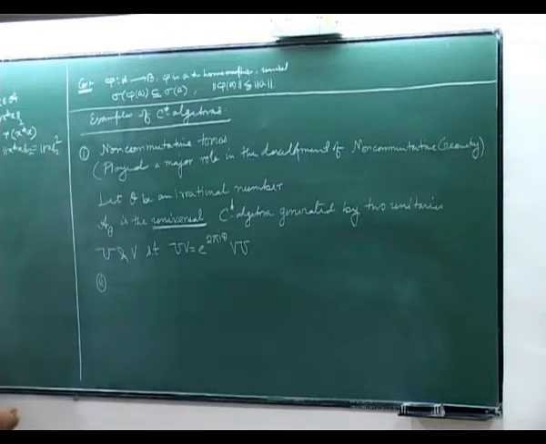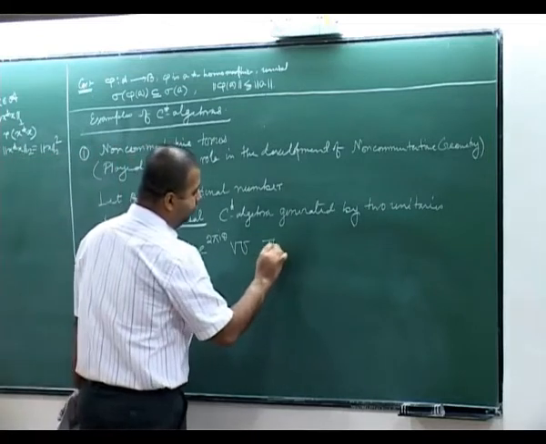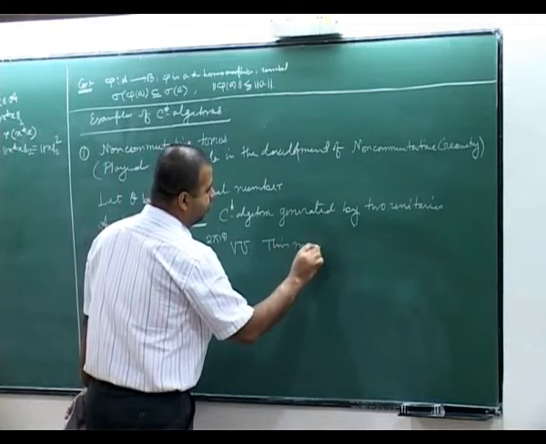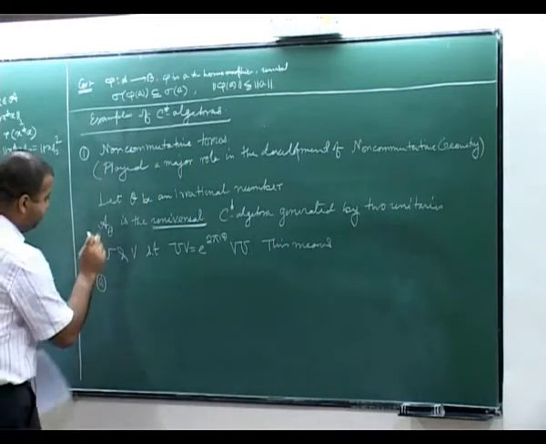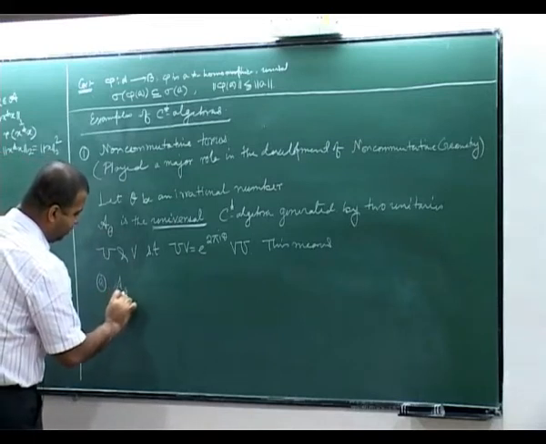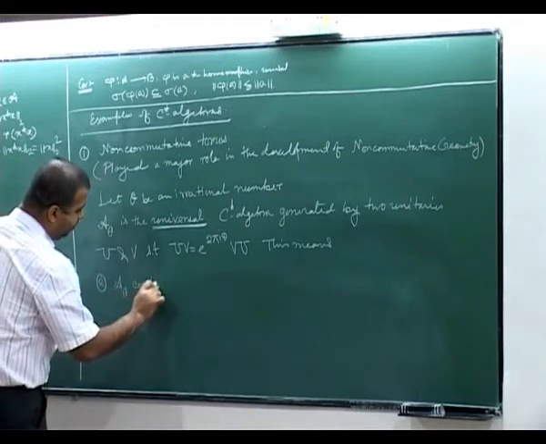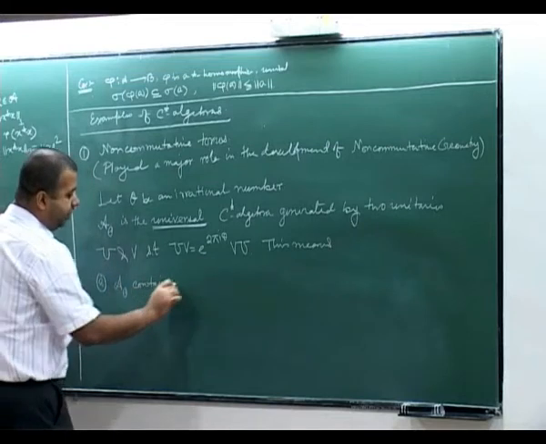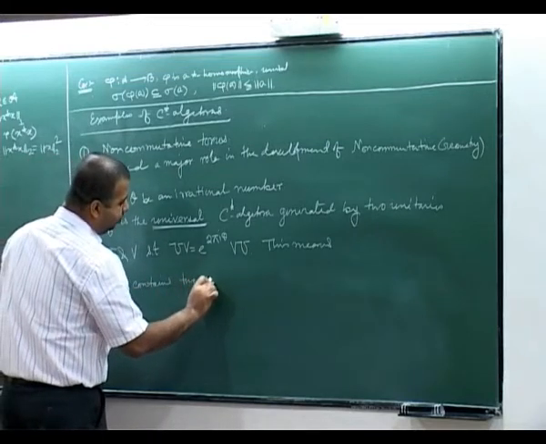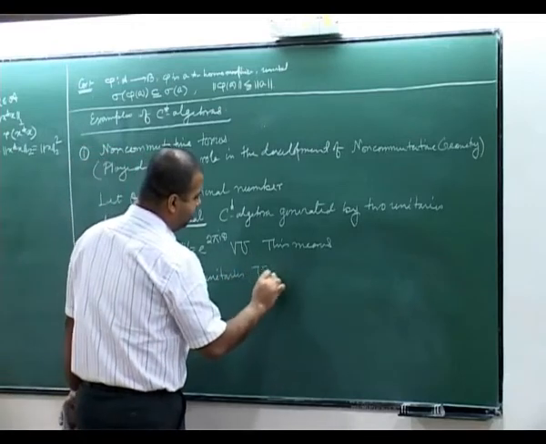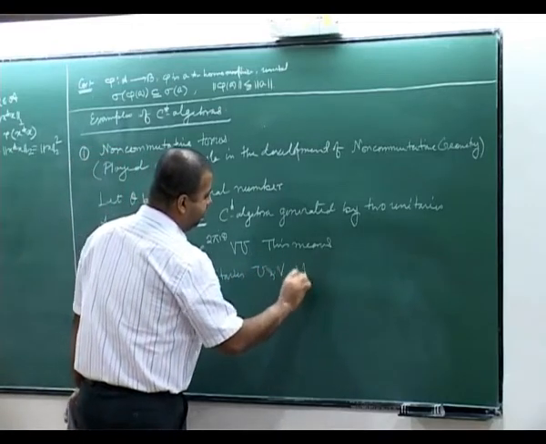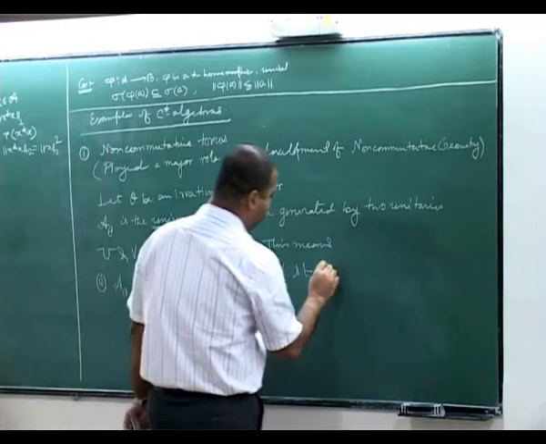this C-star algebra A theta contains two unitaries satisfying this condition.